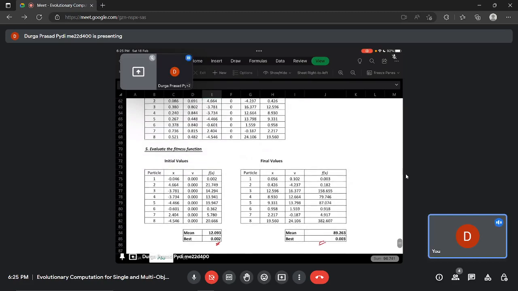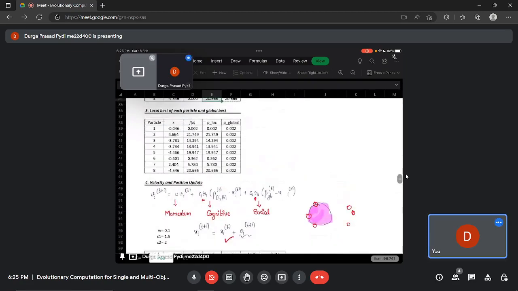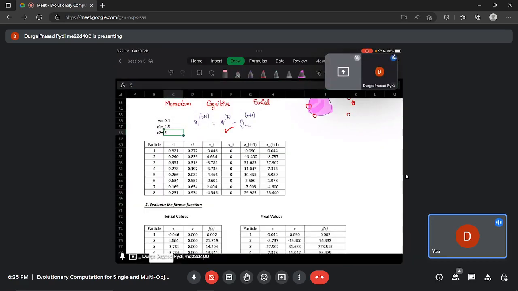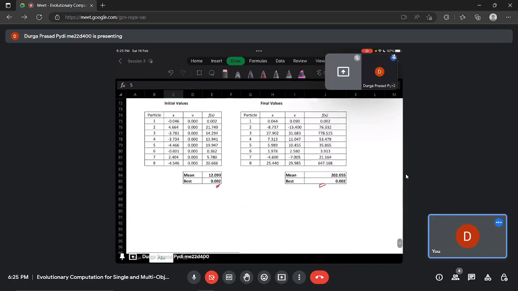Even with 0.1 we are having some problem. But the global optima you can see here has already reached a particular value. Since we have a unimodal function, we can increase the value of C2, say to 5 or something, to give more weightage to the global optima so that it will converge much faster.